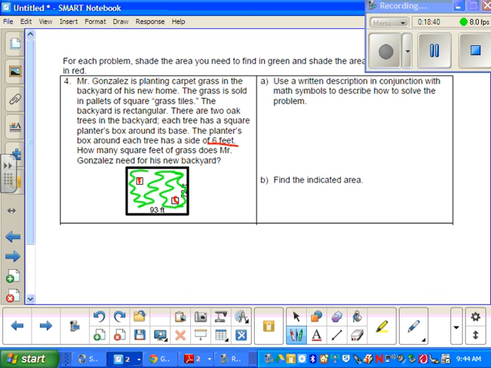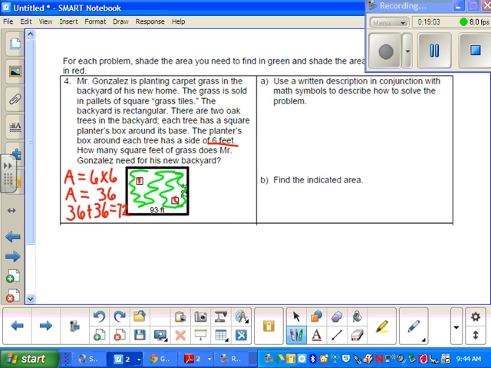So I need to find the area of one box. That would be 6 feet by 6 feet. So area equals 6 times 6, which would be 36. And I have 2 of them, so I'm going to have 36 plus 36 to take out. So I'm going to take out 72.